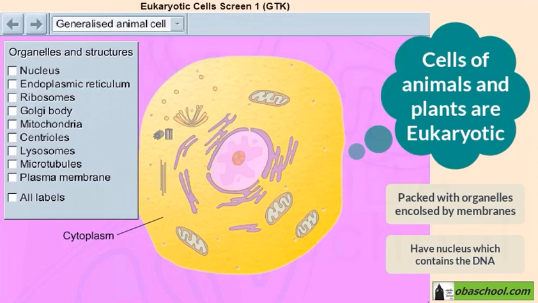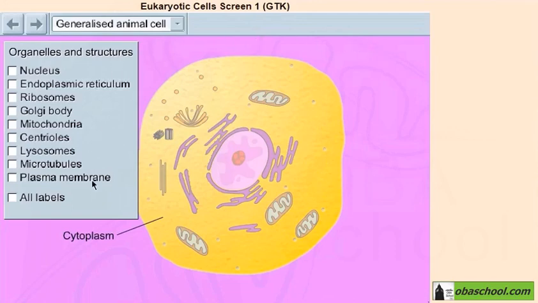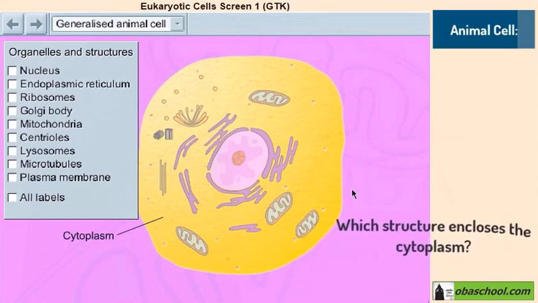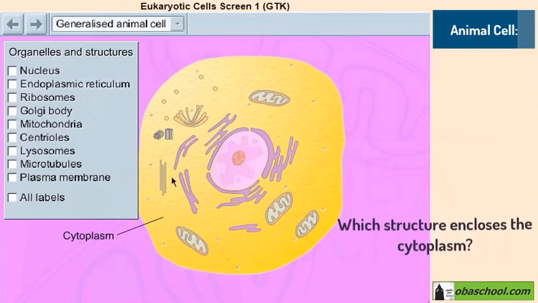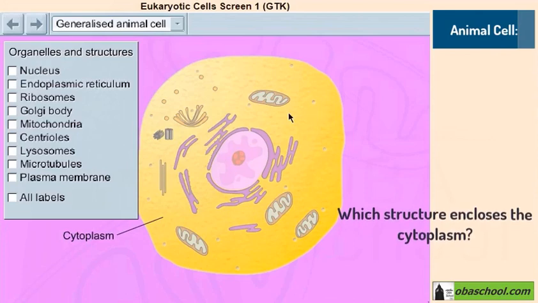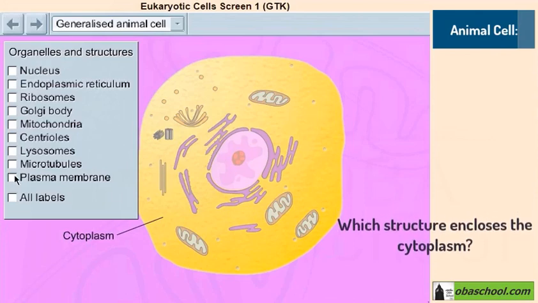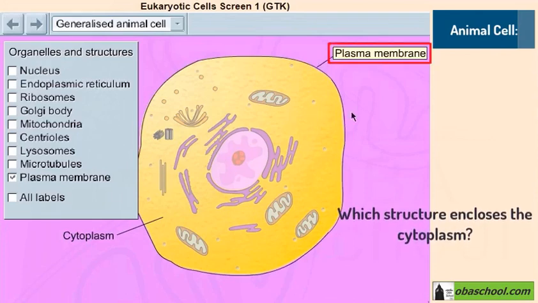And this diagram right here shows the main features of an animal cell usually seen under the microscope. So, which structure do you think encloses the cytoplasm? This yellow fluid right here. Yes, it's the plasma membrane.